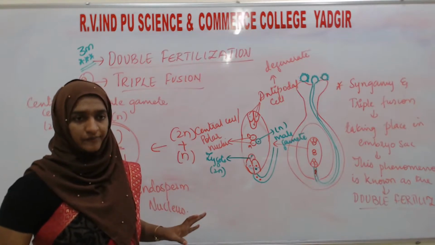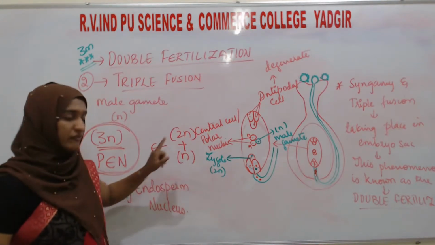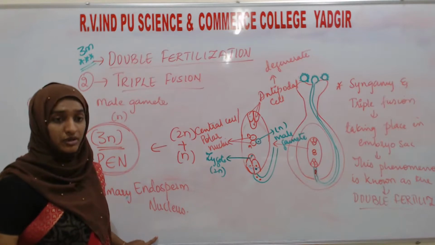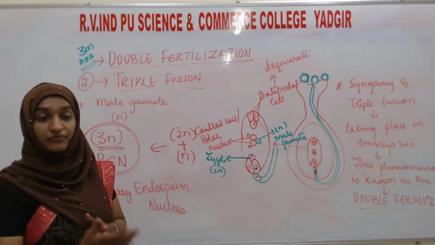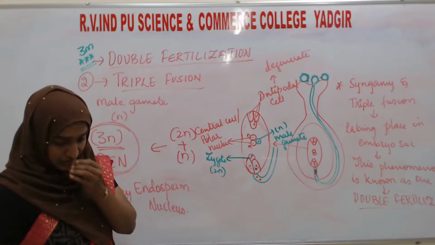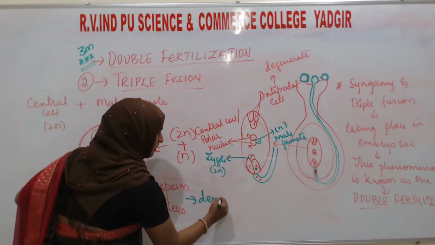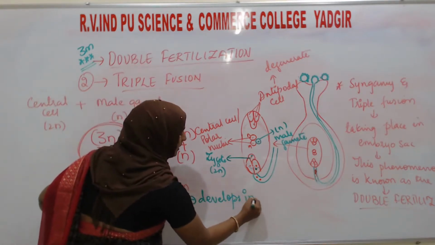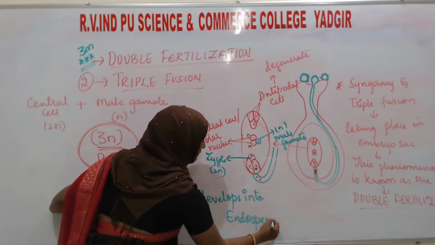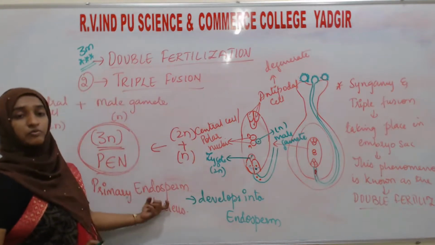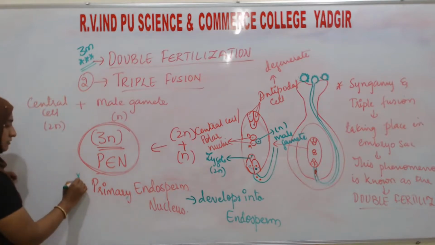Next, after the formation of the zygote and the primary endosperm nucleus, after fertilization, what happens is this primary endosperm nucleus develops into endosperm. This is a very important point.